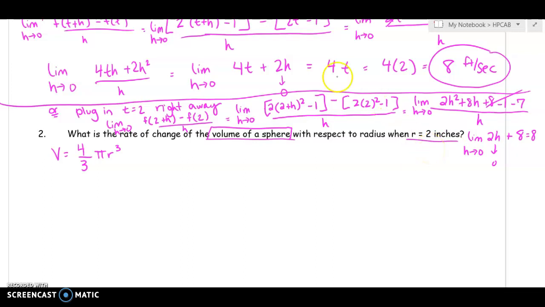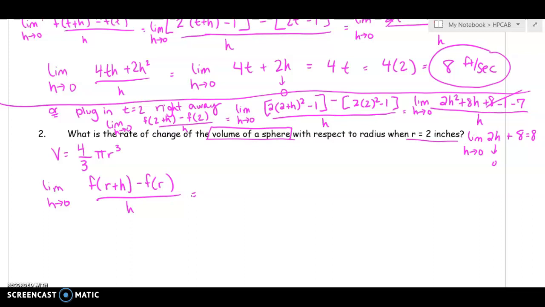It's your choice. Just like we did up here, we plugged in 2 for t either right away or we waited. So what we're going to be doing is the limit as h approaches 0, and instead of t, we're going to use r. So it'll be f of r plus h minus f of r all over h. All right, and I'm going to wait till the end to plug in r equal to 2. You could plug it in right away.